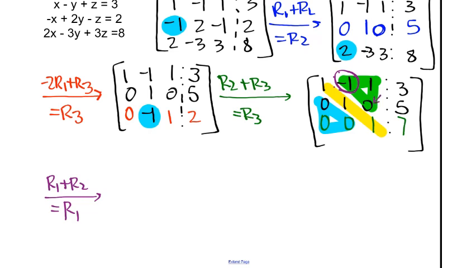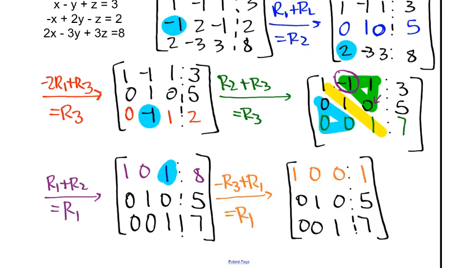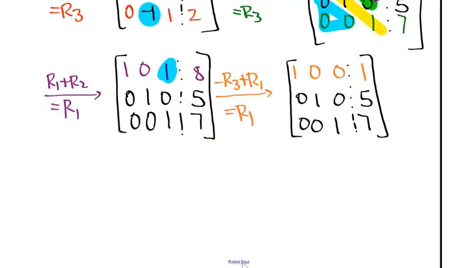So, to get that top one to be a 0, row 1 plus row 2 gives me my new row 1. Now when we do that, notice our second and third rows stay the same. And then our next step is we also want that 1 to become a 0. In order to do that, we're going to take negative row 3 plus row 1, give us our new row 1, giving us that resulting matrix there.